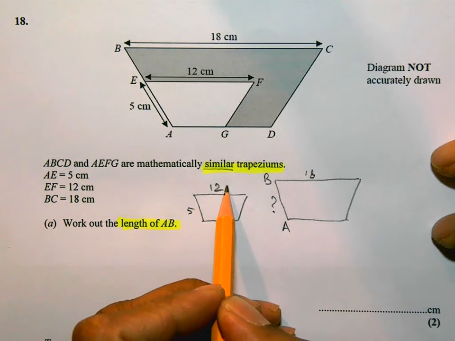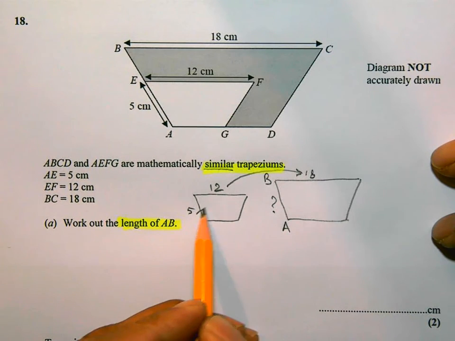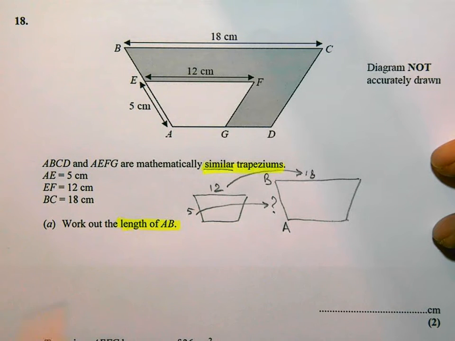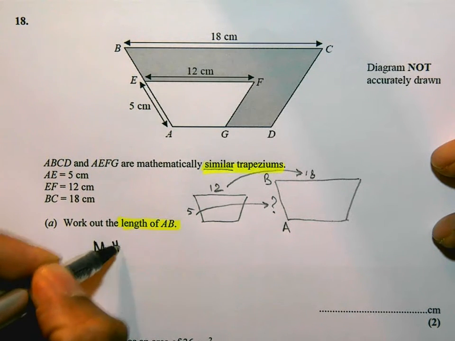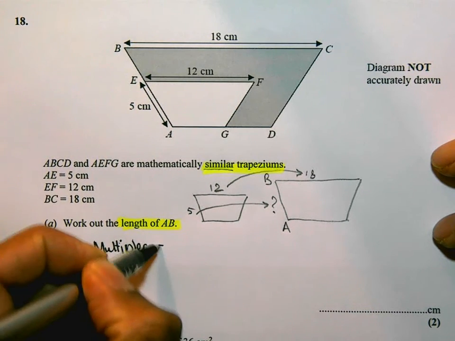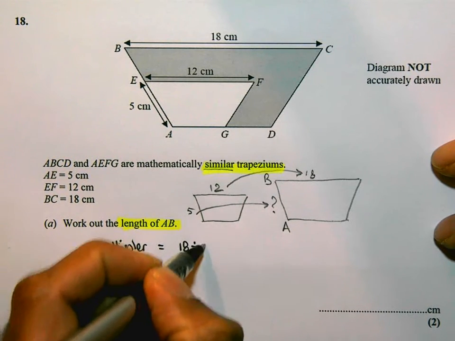Okay, so I need to work out the multiplier that takes me from 12 to 18, and then use that to help me work out what AB needs to be. So the multiplier is going to be 18 divided by 12.